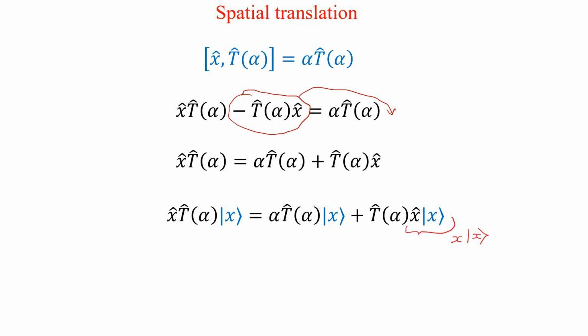Now, since it's a number, you can bring this to the left side of the operator T. Then this can be written as x plus α.